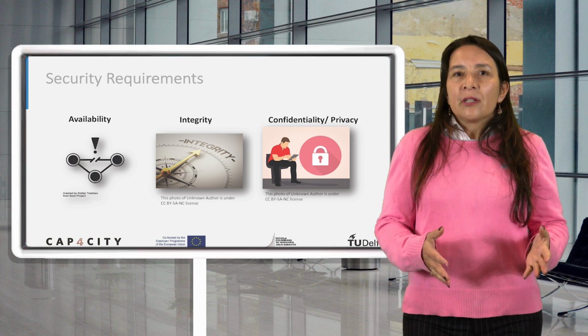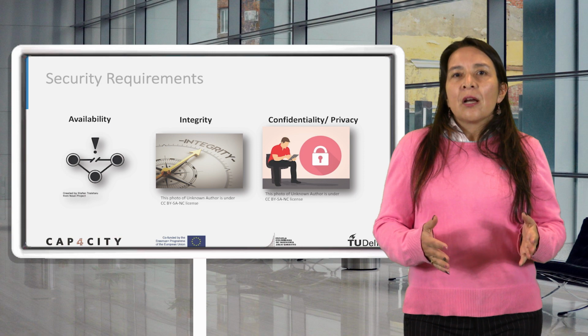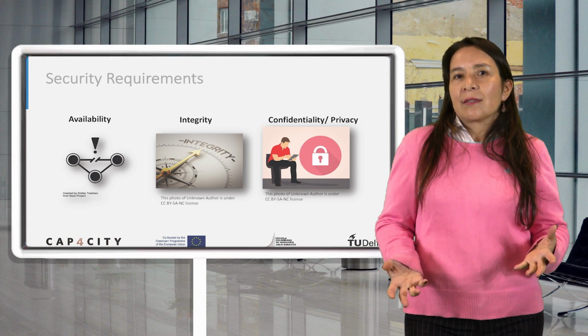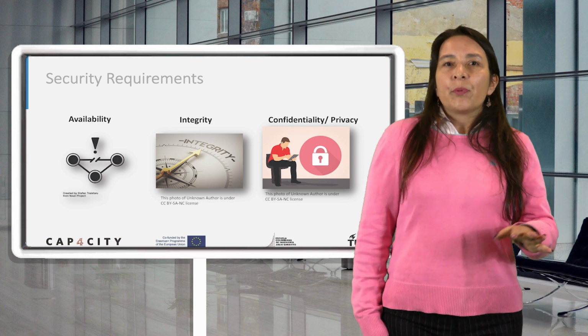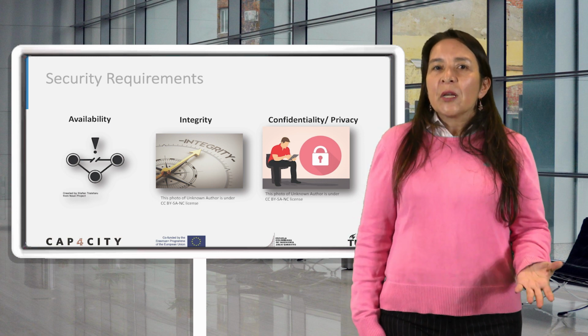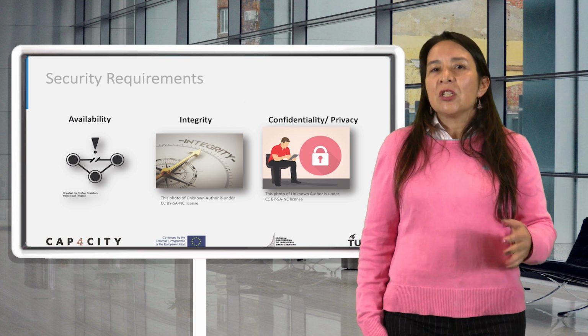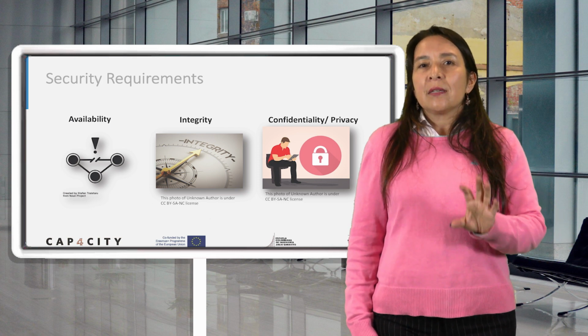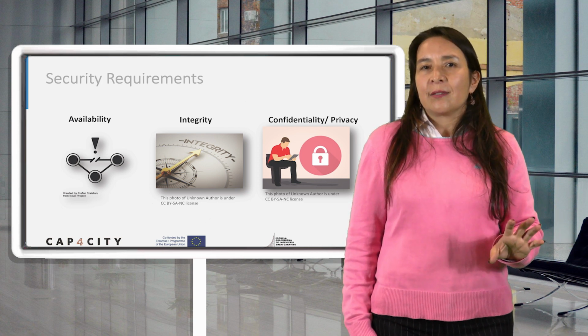Integrity refers to the property of accuracy and completeness of information assets. Confidentiality or privacy is the security requirement that information be accessible by each user based on what they need to see according to their area of business.